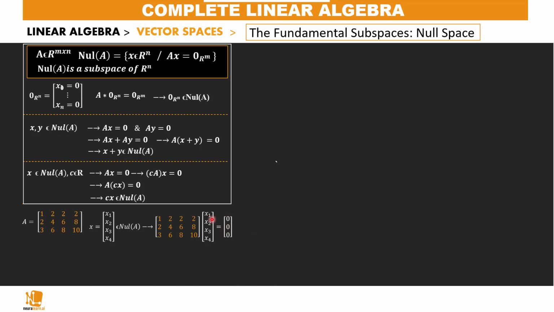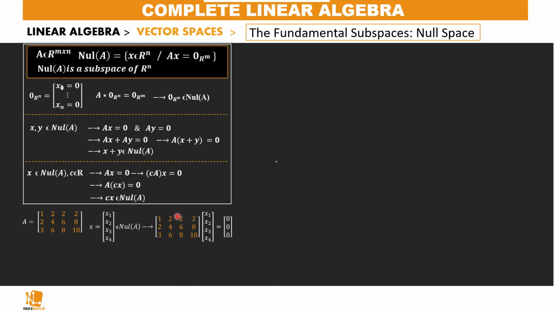Notice that x is an n-dimensional vector, and that's because we have n columns in A. Since the n we get from here is derived from this n, we have a 4-dimensional vector x, and the zero vector of Rm is 3-dimensional. Since m equals 3, we have 3 rows: 1, 2, 3. This matrix equation boils down to a system of 3 linear equations with 4 unknowns.